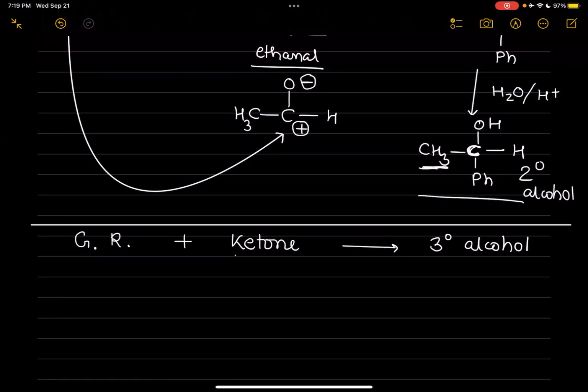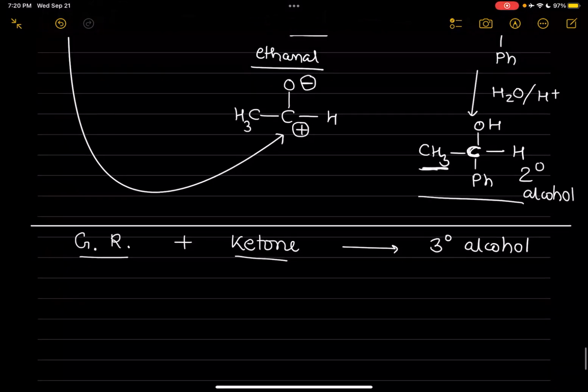So why does the addition of Grignard on a ketone give us a tertiary alcohol? Just think about the structure of a ketone. Abdullah, can you try? Then I will explain.